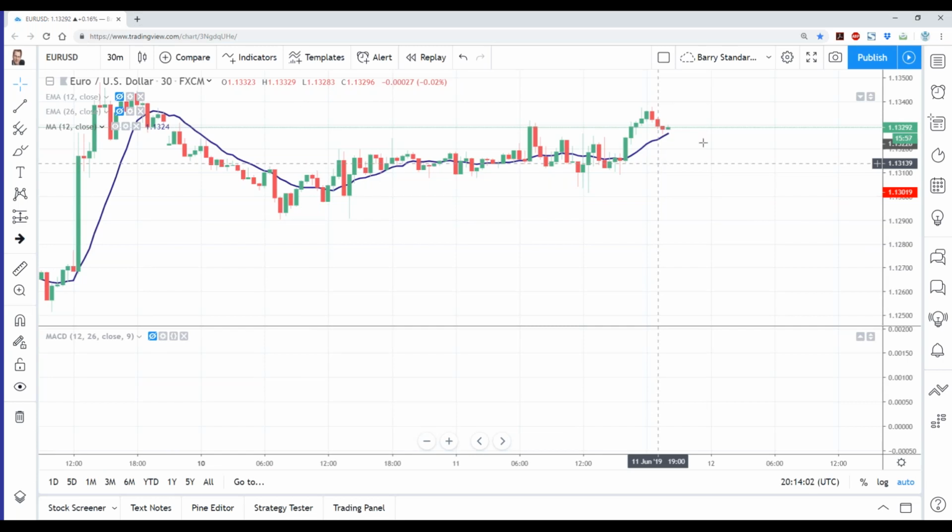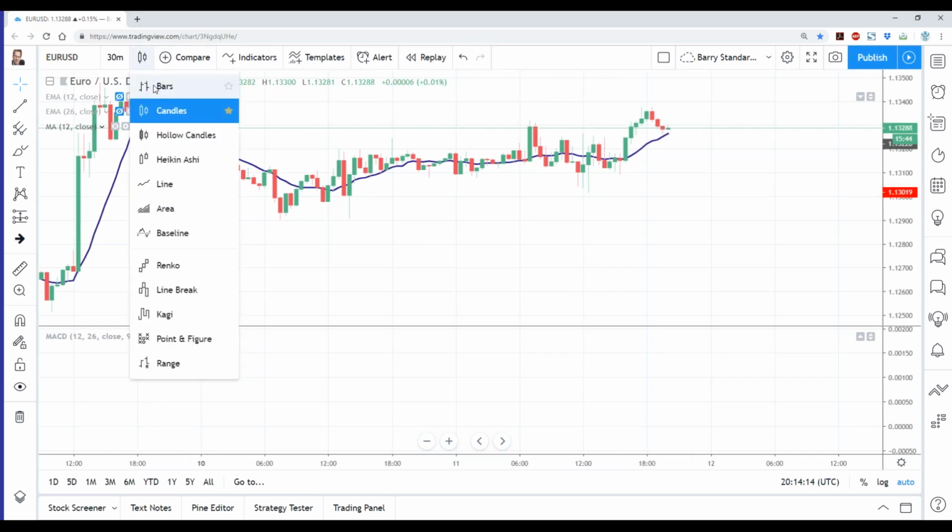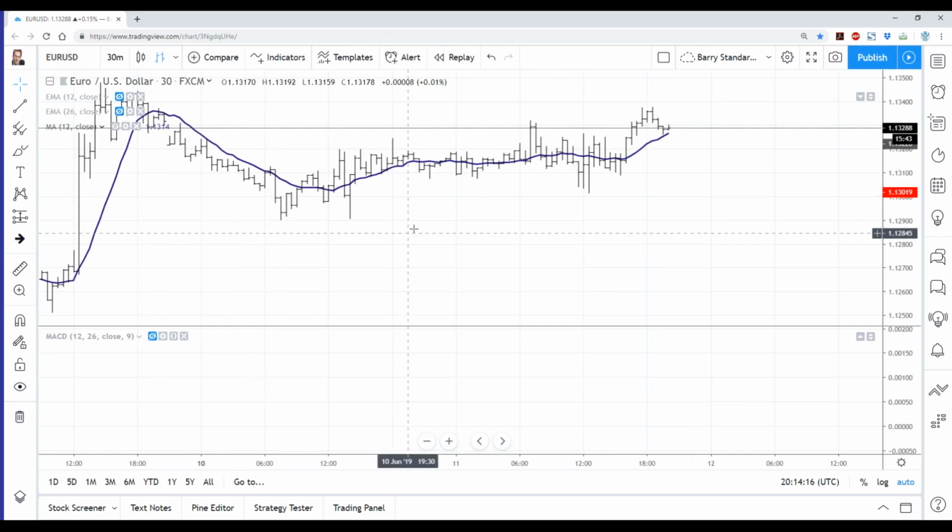So what I have on the chart right now is a 12 period moving average. This is the purple line that's on the chart. Okay. And I'm going to turn this off from candlesticks over to bar charts only because it's easier to see. That's the only reason I'm doing it right now.